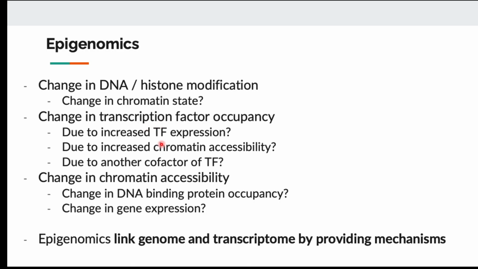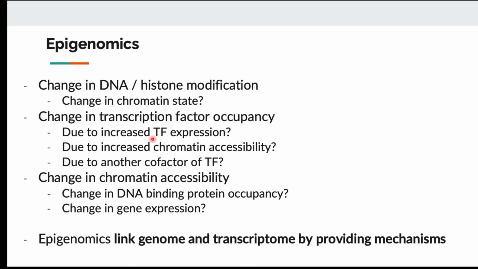And one really complex example would be related to transcription factor. In general, we expect that if we have more molecules of transcription factor, it should be able to bind to the DNA and activate the transcription. But let's say you see increased binding of transcription factor to the DNA from ChIP-seq.